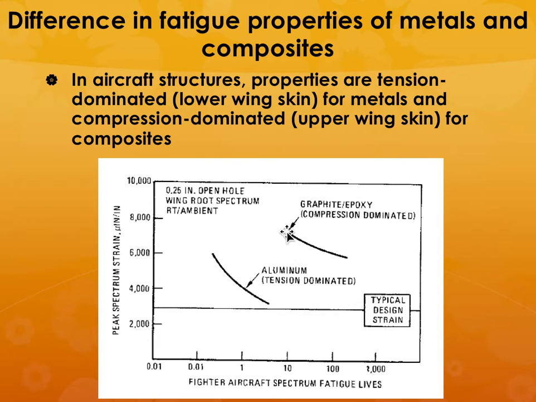You can see that the graphite epoxy materials have a much higher fatigue property compared to aluminum structures. Here you are plotting peak strain versus number of cycles, and in the case of graphite epoxies, the strains that they undergo are much lower than that of aluminum structures.